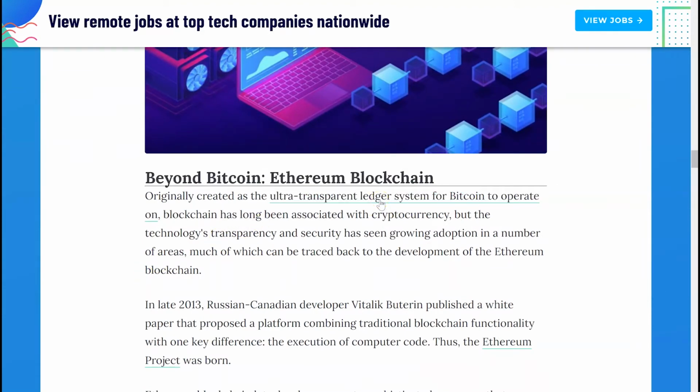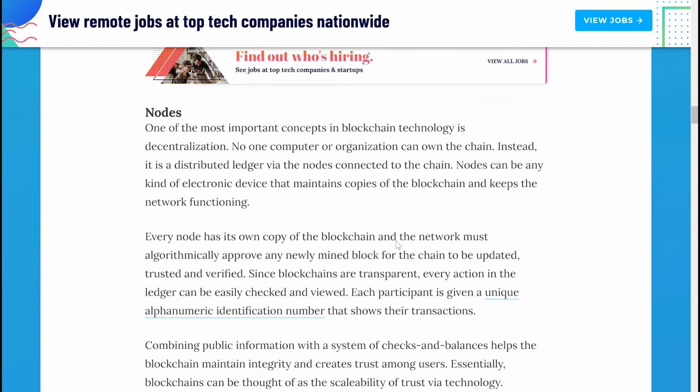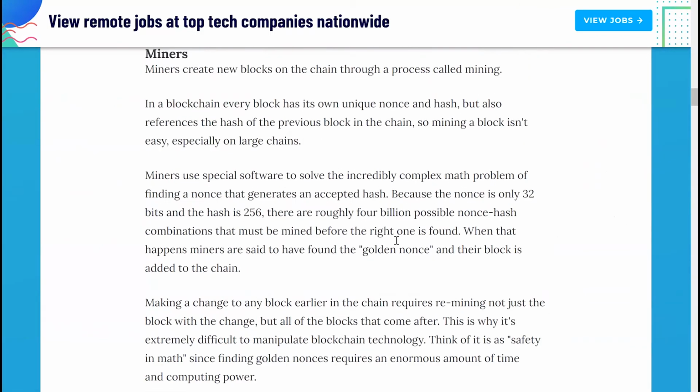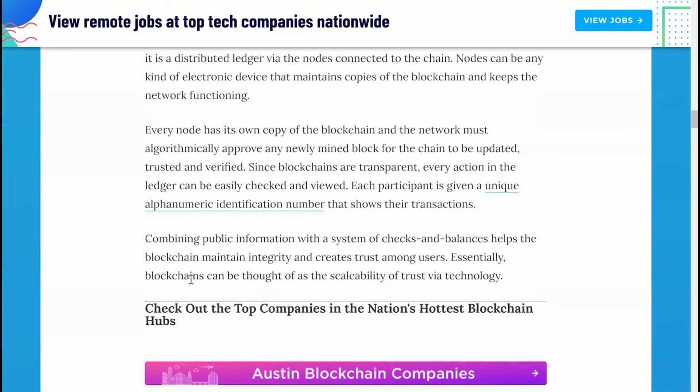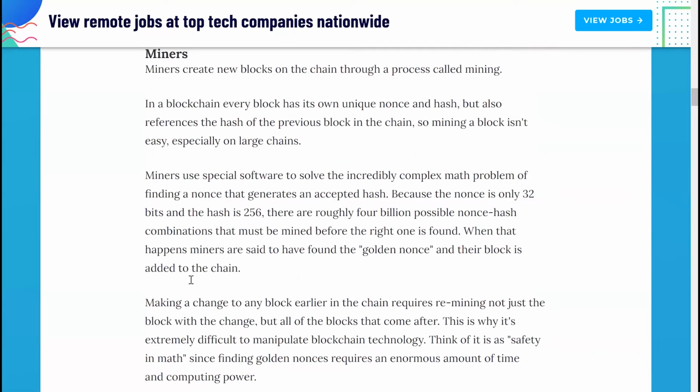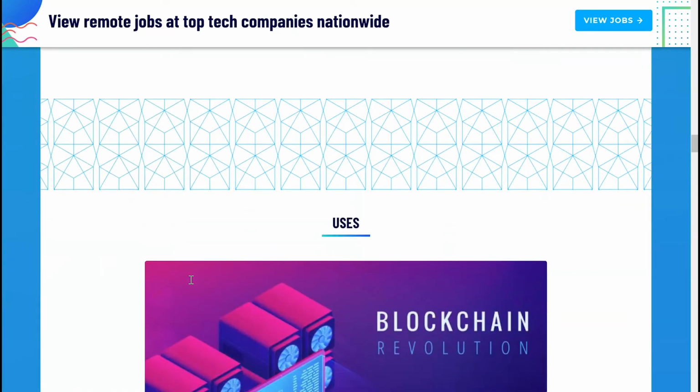Okay. Beyond Bitcoin, Ethereum blockchain. Now, I haven't read this, but I'm going to go ahead and read it with you. But I want you to think of something, because they're talking about mining, and mining is big, but at the same time, Ripple created XRP. XRP is the decentralized ledger technology that everything is going to be connected to. It is already pre-mined.